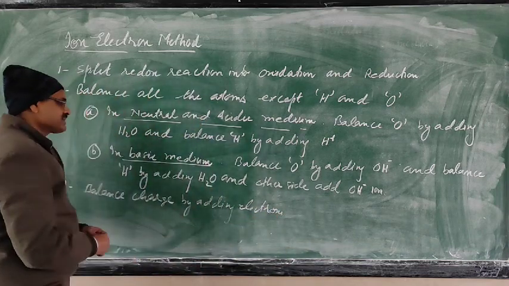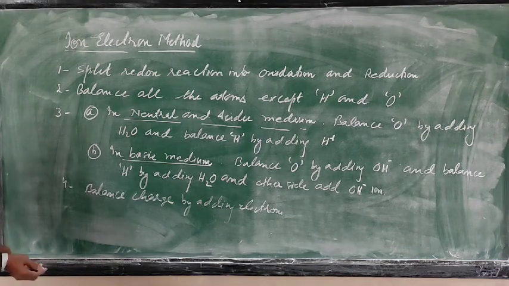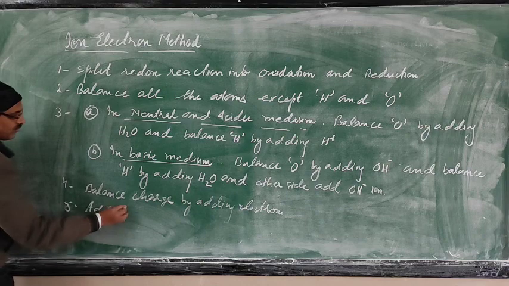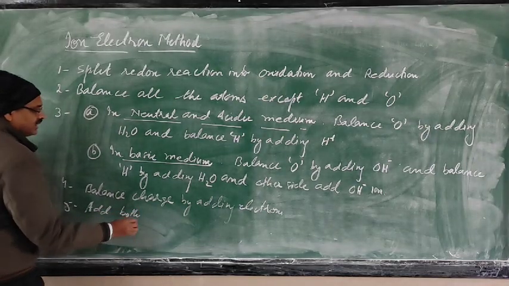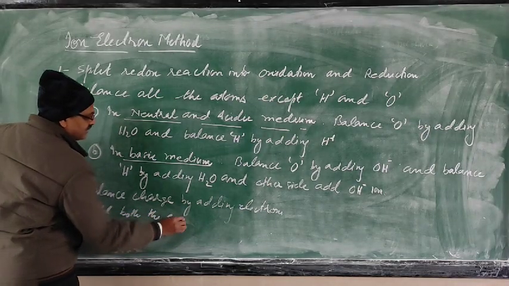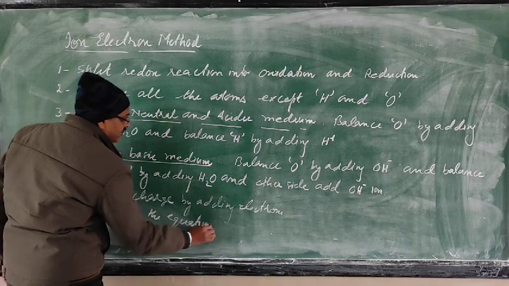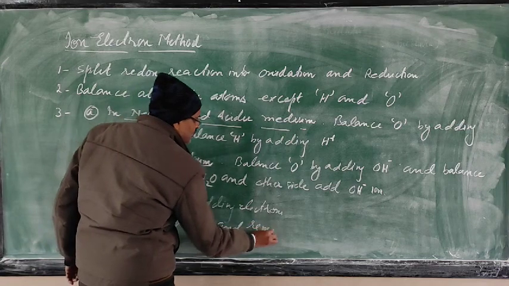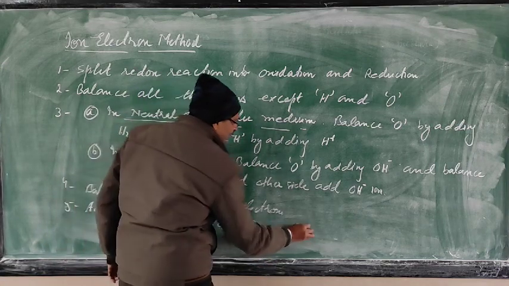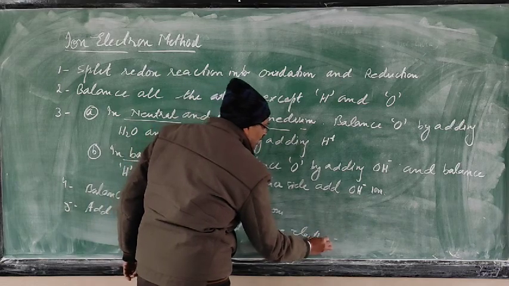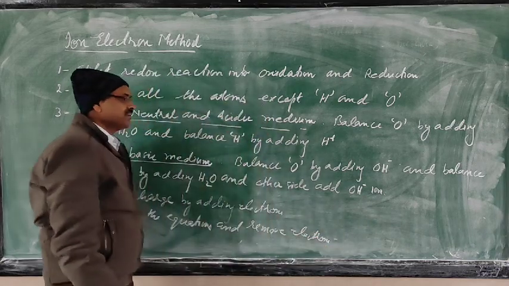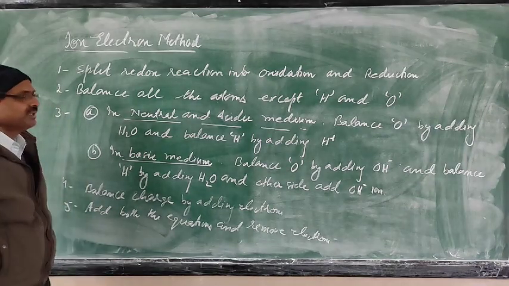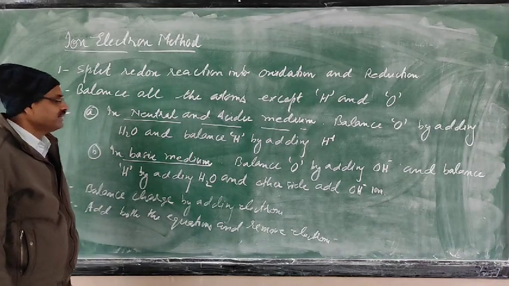Then at the last, add both the equations and remove electrons. The number of electrons must be the same. If the number of electrons is different in both the equations, then you will use some number by which you will multiply, and the number of electrons becomes equal.